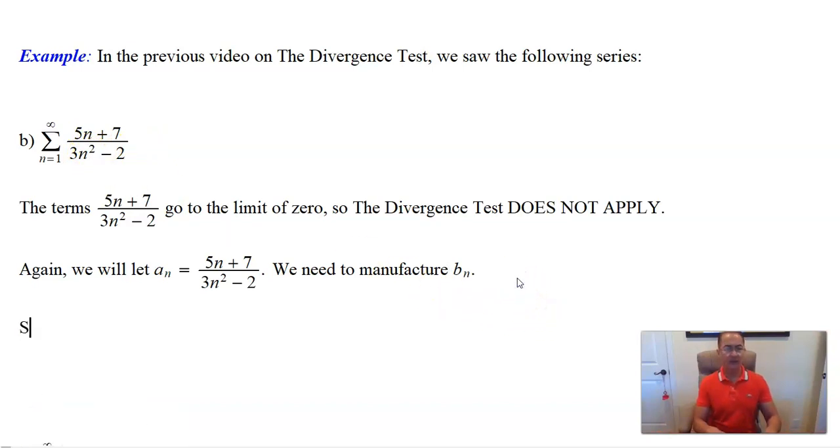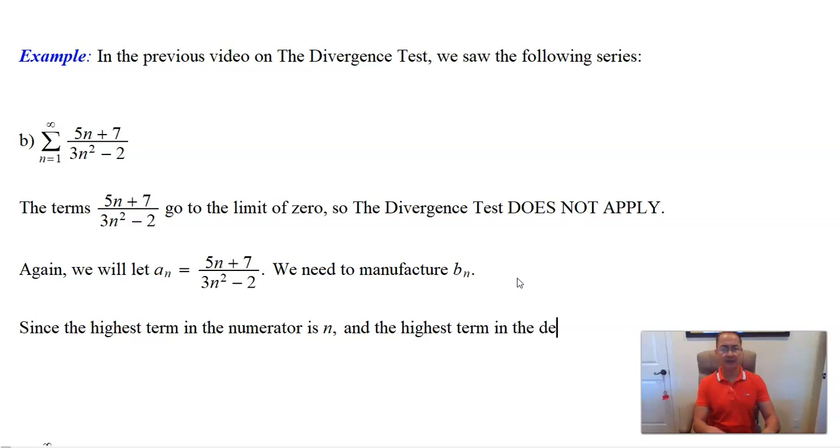So since the highest term in the numerator is n, and the highest term in the denominator is n squared, let us manufacture b sub n to be n over n squared.